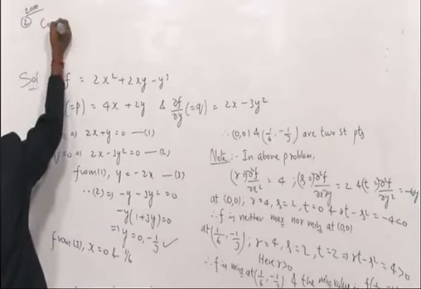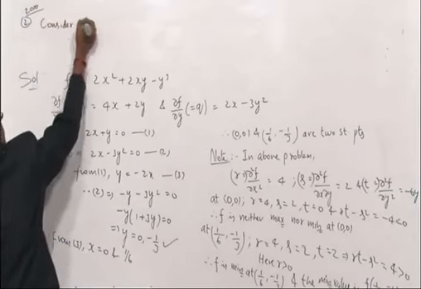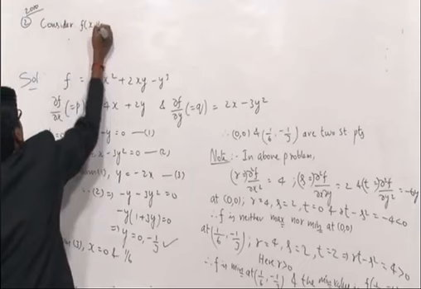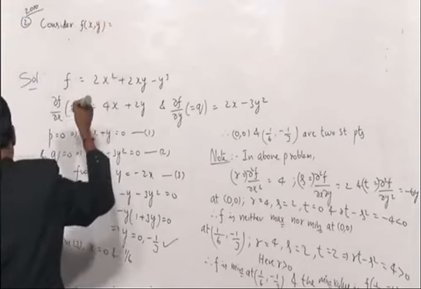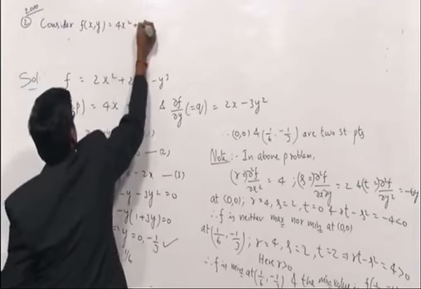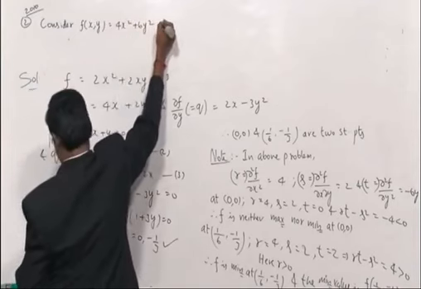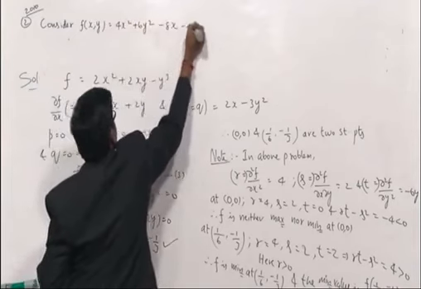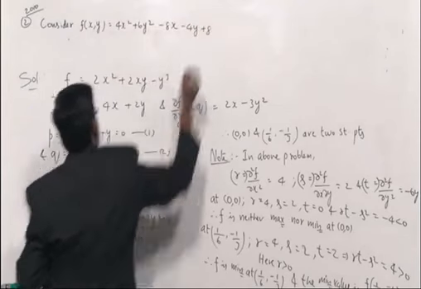Consider f of x comma y is equal to 4x square plus 6y square minus 8x minus 4y plus 8.